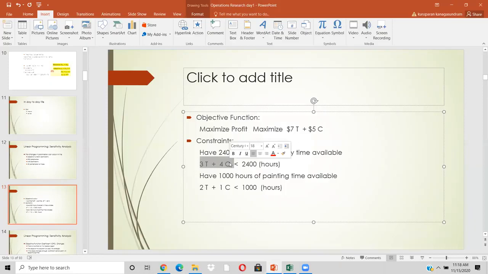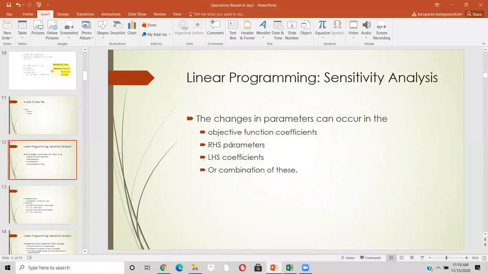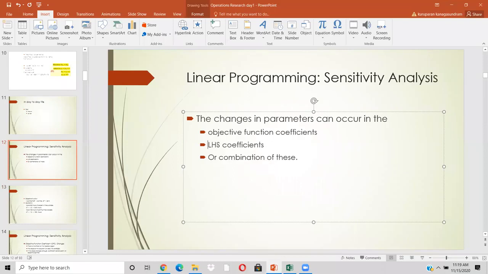But in your book you only have changing the coefficients in the objective function and changing the values in the right hand side of the constraints. So you don't need to worry about the LHS coefficients and combinations of these.